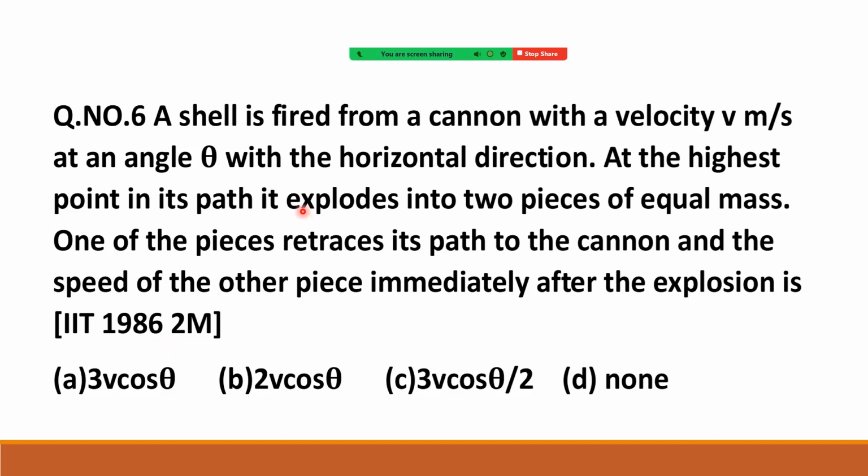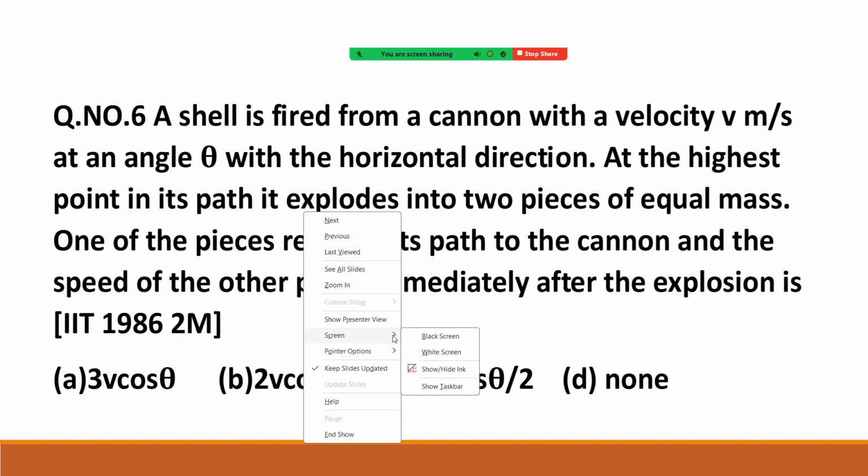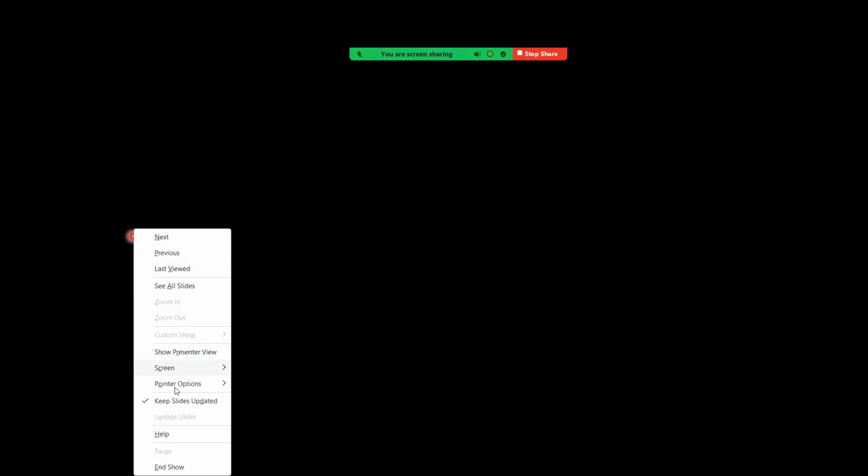First write down the given data. Let's see the condition given. It is like an oblique projectile and follows a parabolic path.